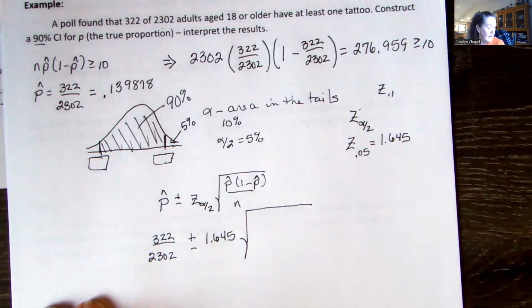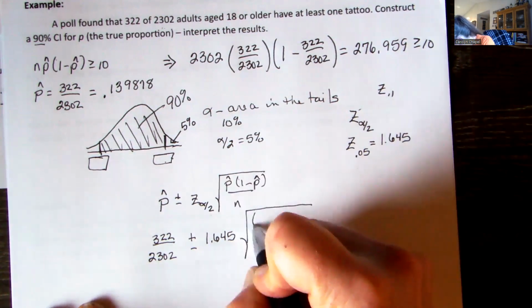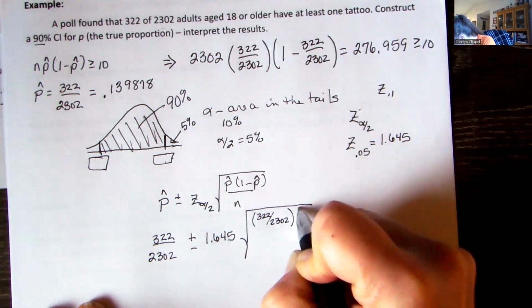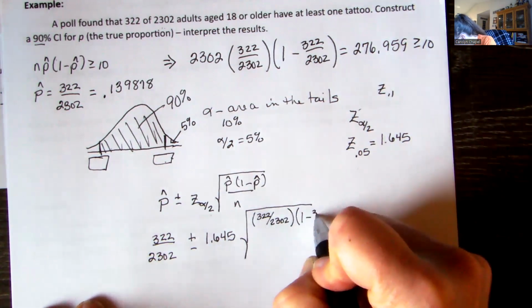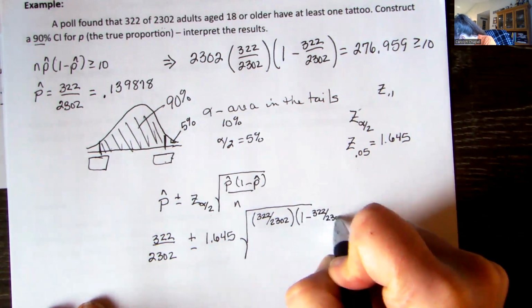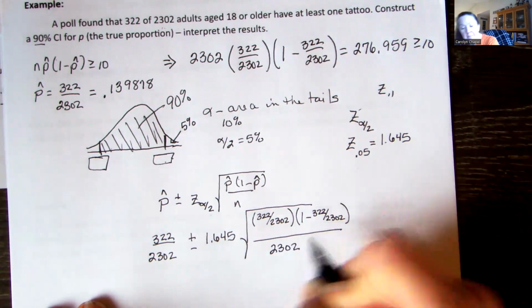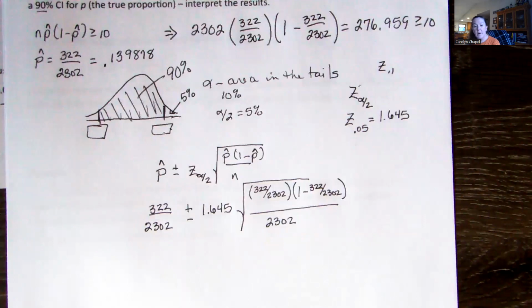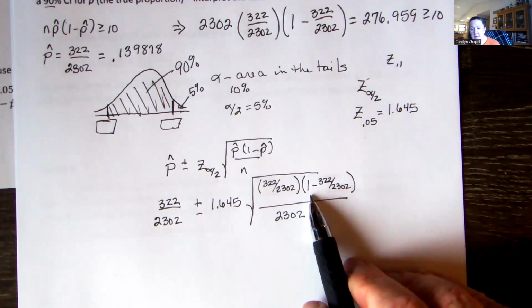And then we have a lot of pieces. So I'm going to put my p hat, 322 over 2302. And again, if you want to use decimals, please do so. But our calculators do have fraction keys on them. Okay. And of course, since I'm going to use my calculator, I am going to do a little bit of cleanup here first.